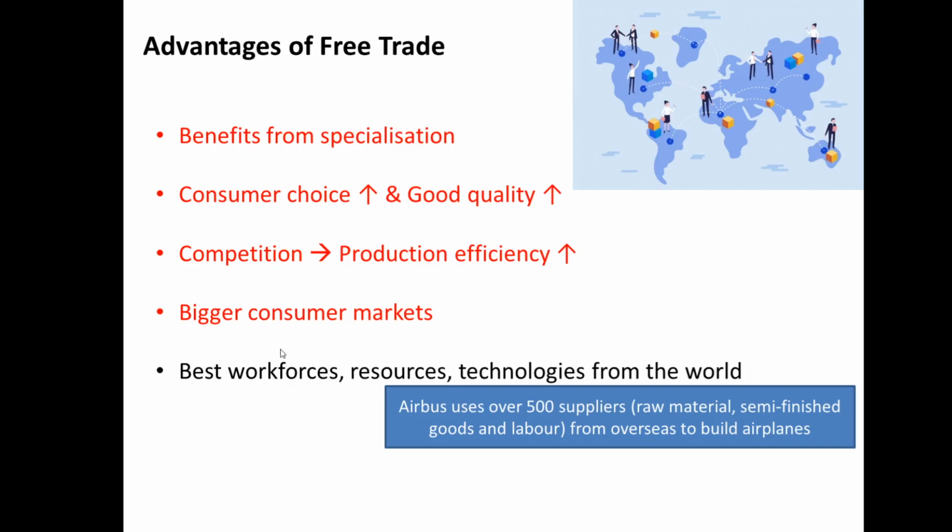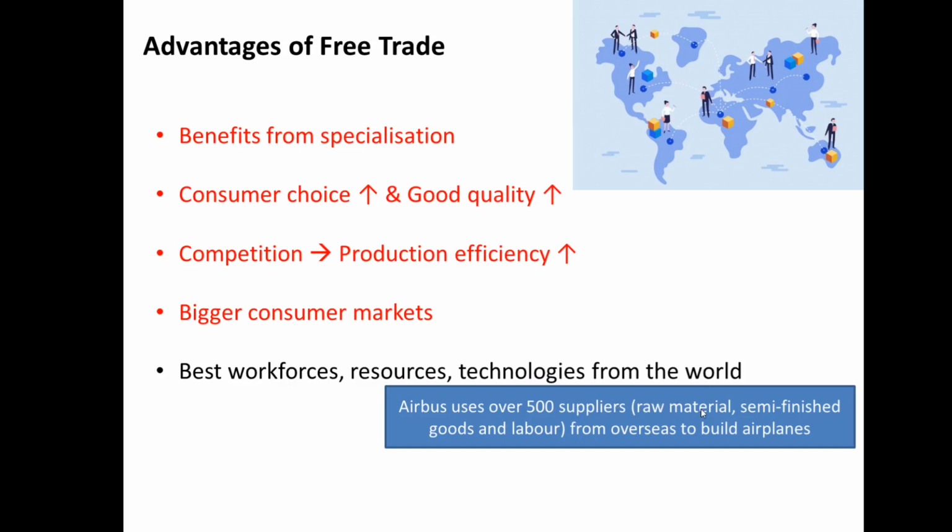Well, it is also about quality and some technologies, because when you are doing international trade, take a look at this example: Airbus. Airbus uses over 500 suppliers all over the world to make their planes.